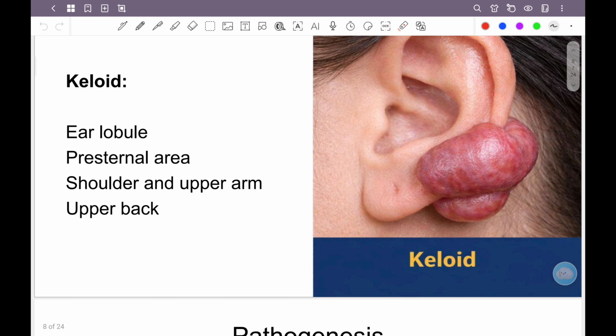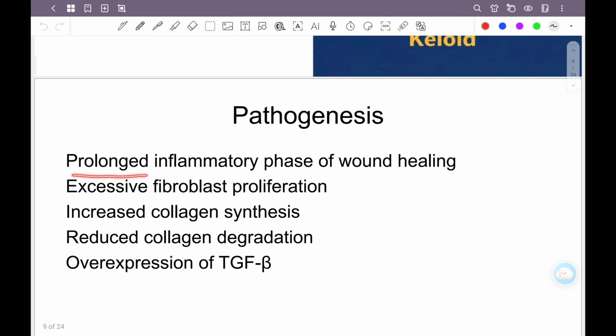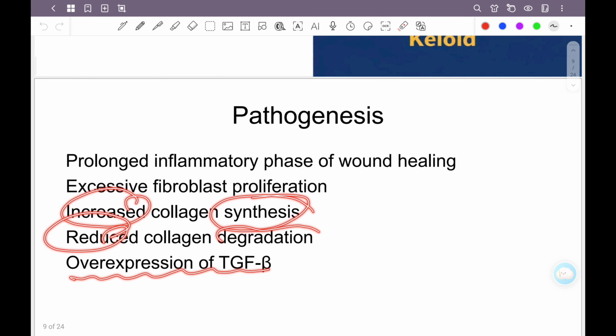What is the pathogenesis? The basic problem is a prolonged inflammatory phase of wound healing, with excessive fibroblast proliferation. There is increased collagen synthesis but reduced collagen degradation, as well as overexpression of transforming growth factor beta.